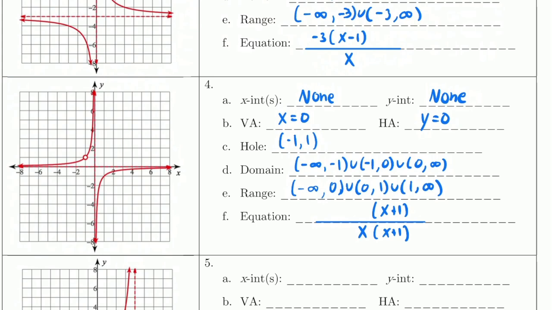And then if I look at this now, I have an x plus 1 on my numerator and an x times x plus 1 on my denominator. So my higher degree is going to be on my denominator. And if my higher degree is below, then my horizontal asymptote should be y equals 0, which I do have already written down. So everything here should check out and be fine. So we're all good.